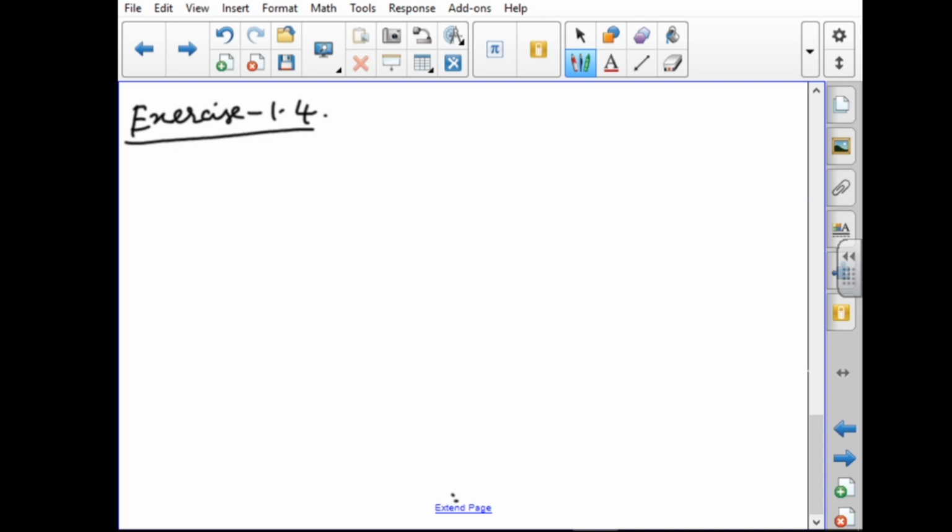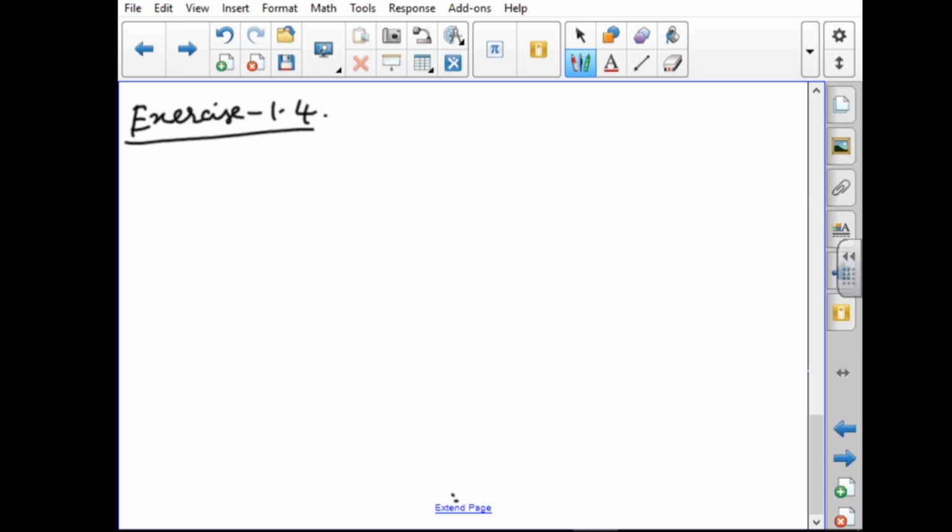The first one: determine whether the graph given below represents a function. Give reason for your answer concerning each graph. First we have to check whether the given graph is representing a function or not. Then we have to give the reason also.